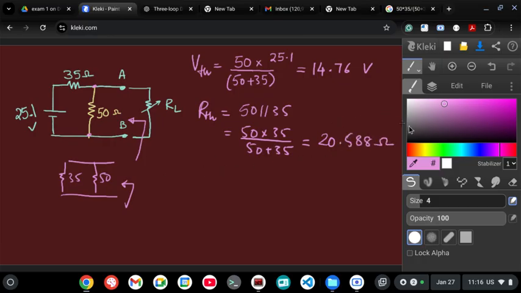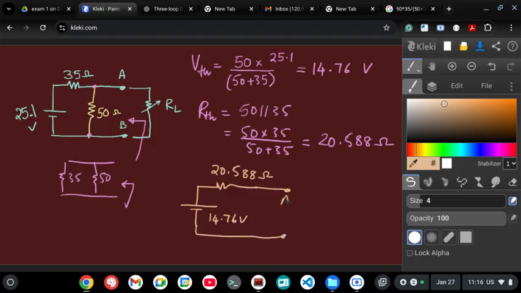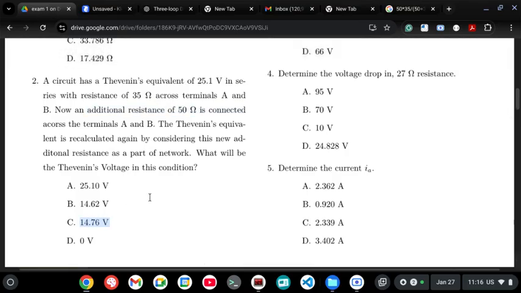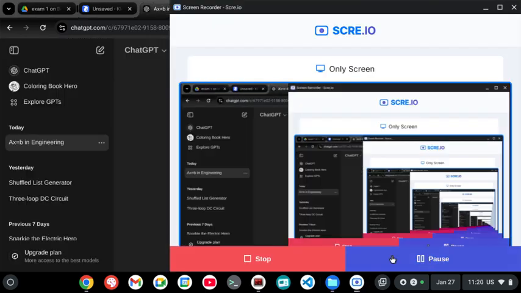So the new Thevenin's equivalent will look something like this. Okay, that is the answer. So let's see what was asked in the question. Thevenin's voltage. So 14.76, I think, is our answer. Anyway, I'll pause it here.